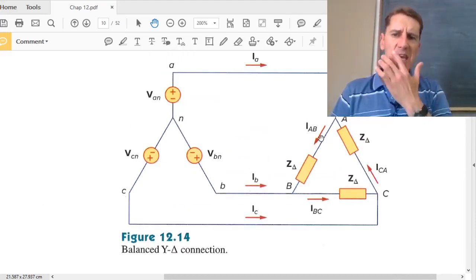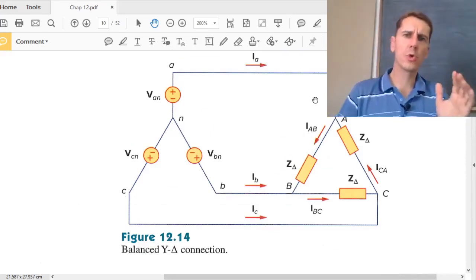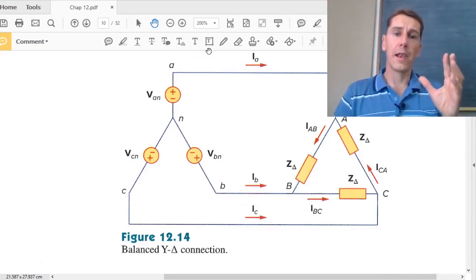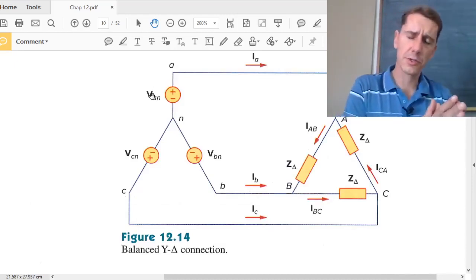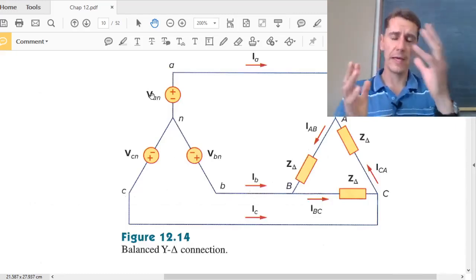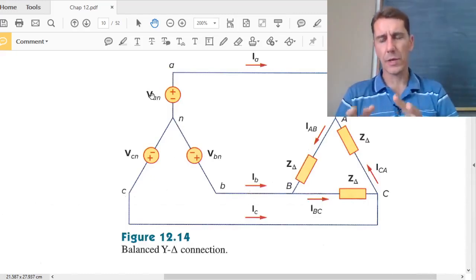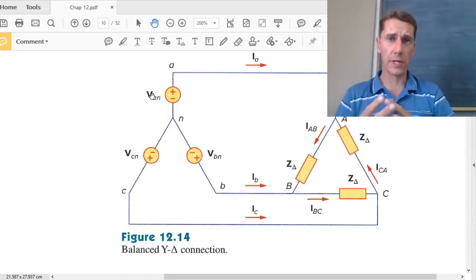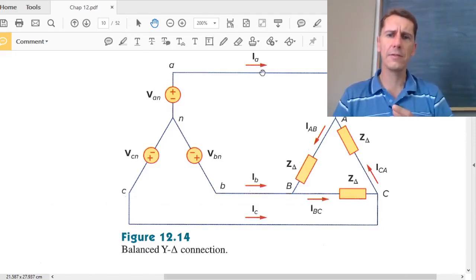But how do we calculate IAB? In the previous lecture, we saw how you convert from a line-to-neutral voltage, VAN, to a line-to-line voltage, VAB, and vice versa. In this section, we're going to introduce the second important equation and little phasor diagram that you need to solve chapter 12, and that is how to go between a line current and a delta current.